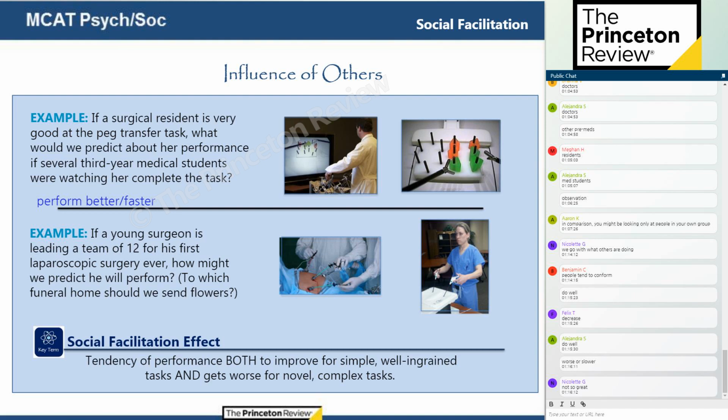Social facilitation says that when we are performing something that we know well, that is simple, that we've rehearsed a lot, the presence of others improves our performance, but we get worse in the presence of others on new, complicated, not well-rehearsed tasks. So either way, that has to do with social facilitation.